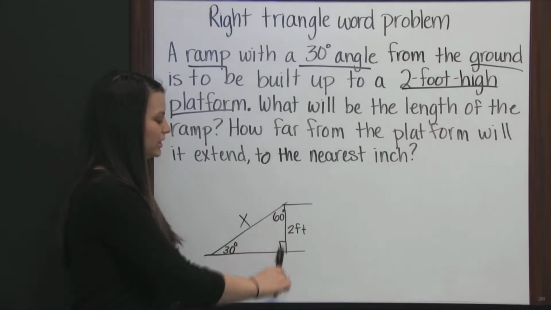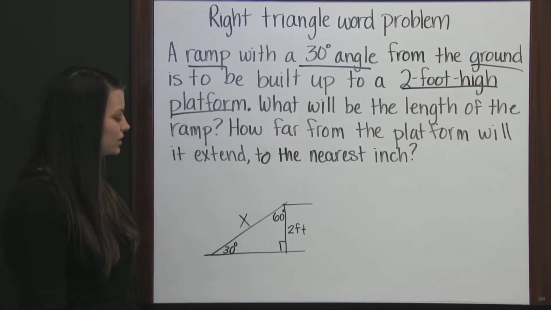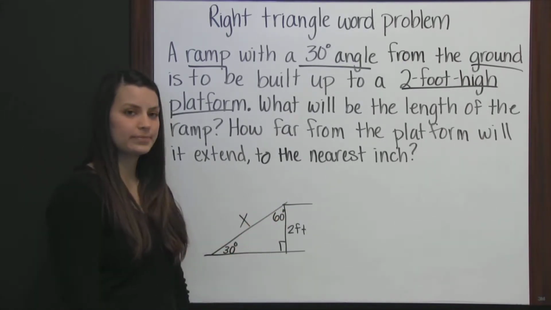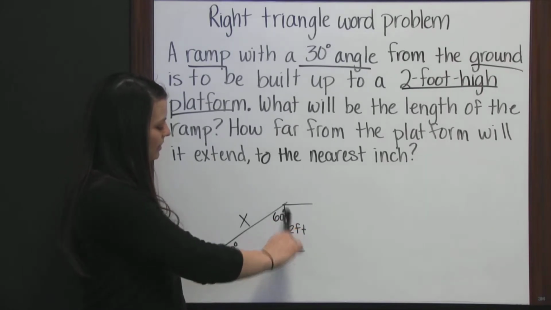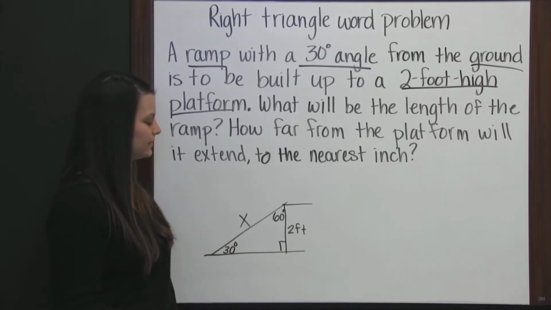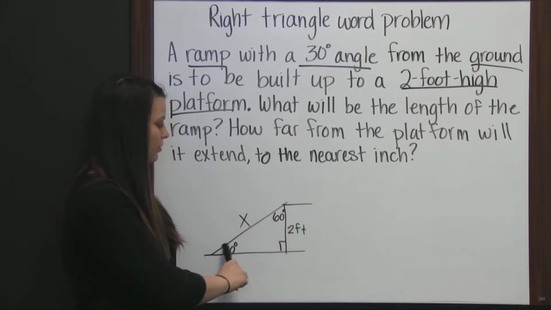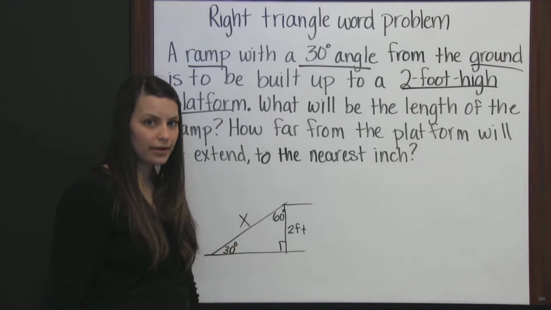Now that we know it's a 30, 60, 90 triangle, we can apply our 30, 60, 90 rules to finding the length of our ramp. Our ramp is across from the 90-degree angle, therefore that's our hypotenuse. The leg we know is across from the 30-degree angle, so it's our shorter leg.